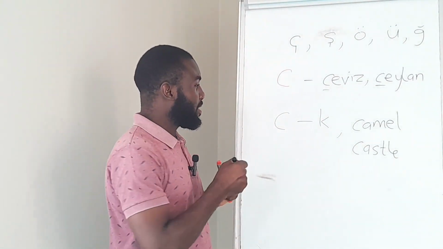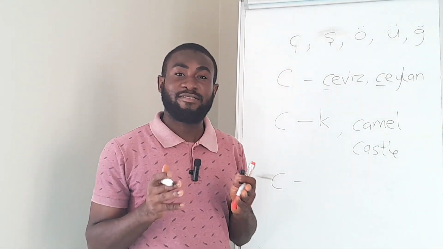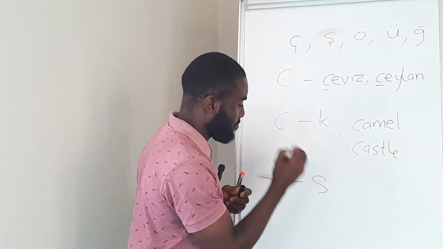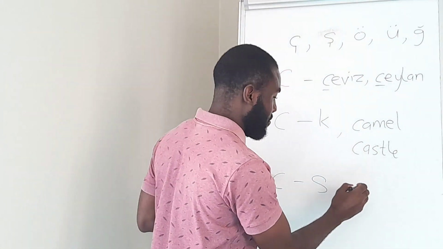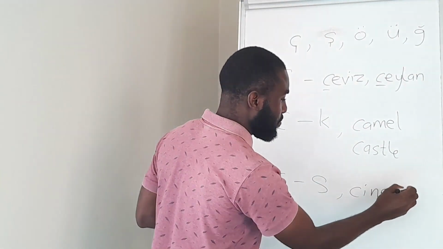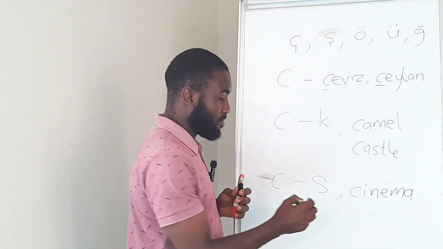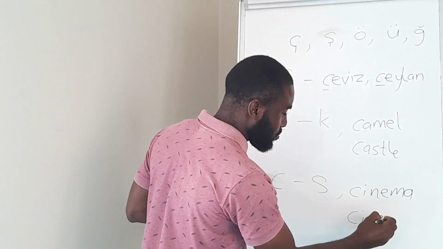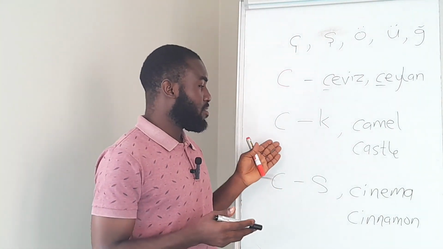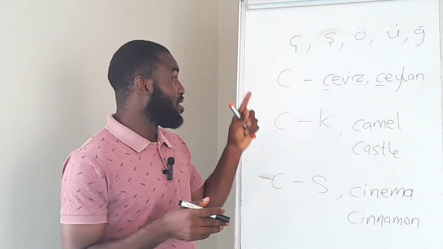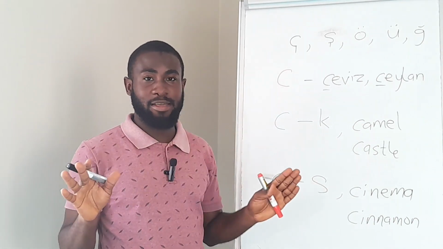Also, C can be pronounced as S, for instance cinema, cinema, or cinnamon, cinnamon. But in Turkish, anywhere you see this letter, that is how you pronounce it, J, all the time. It doesn't change.